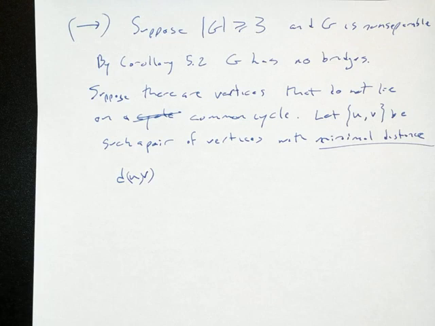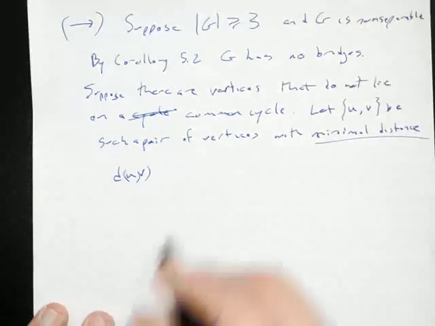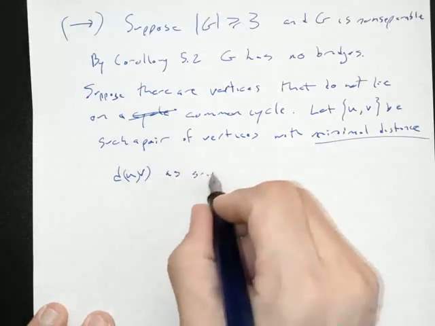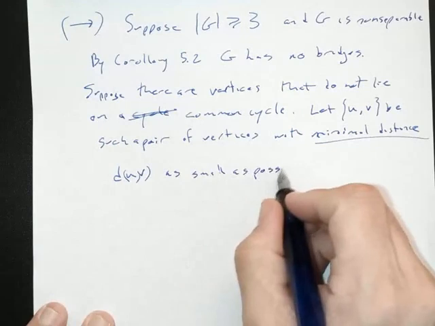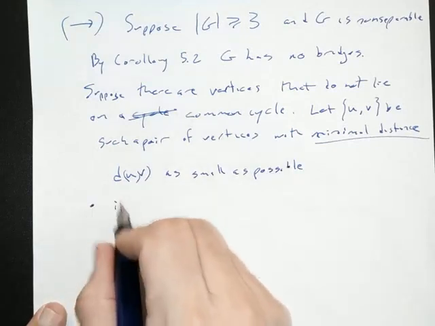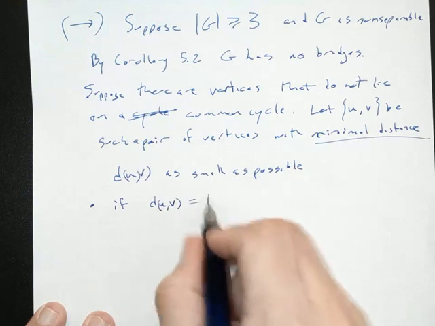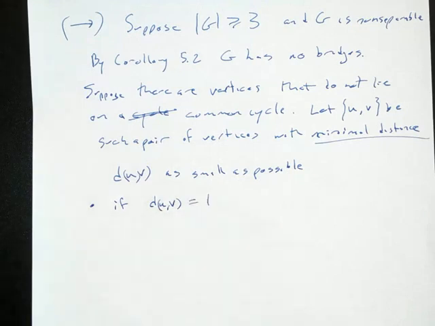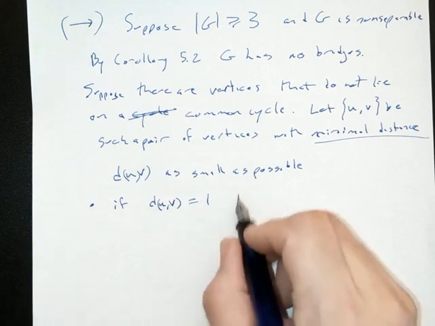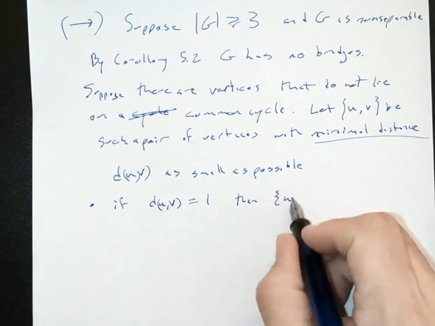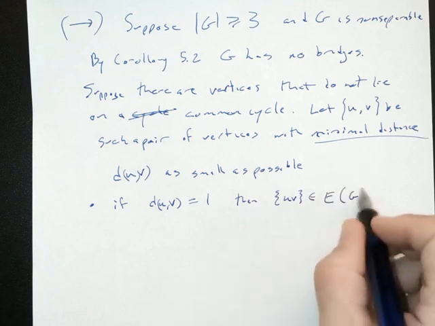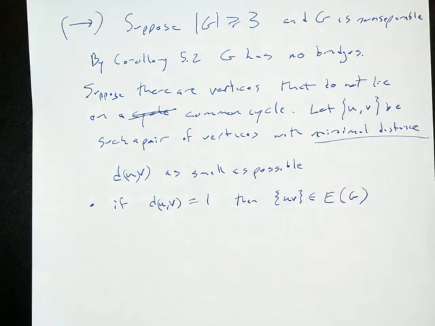Smallest distance you can have on a graph, if my edges are adjacent, right? But that means that the edge UV is in the edge set of my graph.